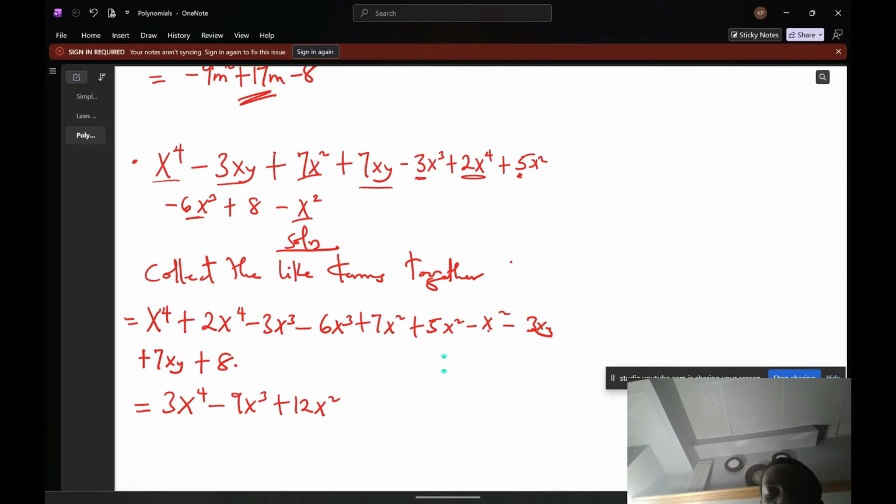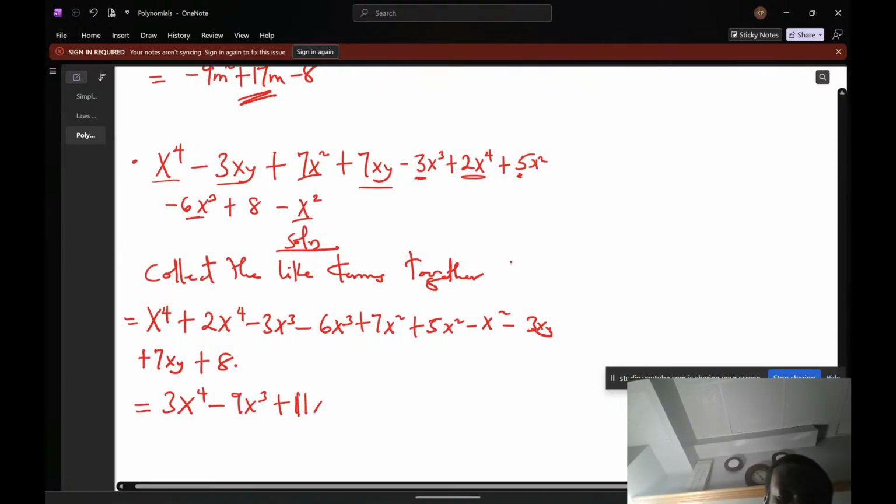Then minus x squared will become plus 11x squared. Then we have minus 3xy plus 7xy, that's plus 4xy. That's plus 8. Okay, so the final answer is 3x raised to the power 4 minus 9x cubed plus 11x squared plus 4xy plus 8.